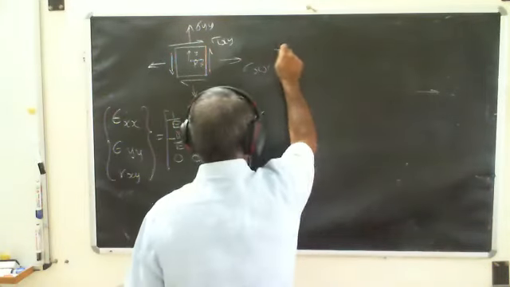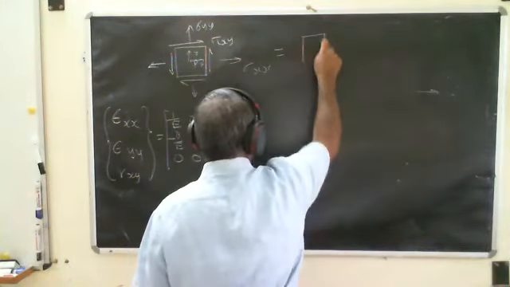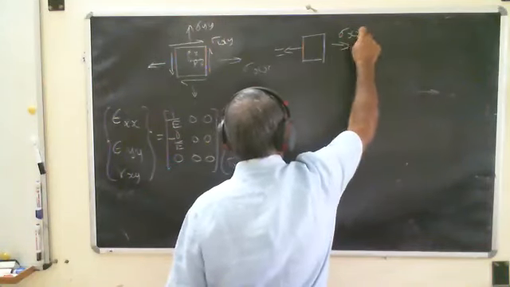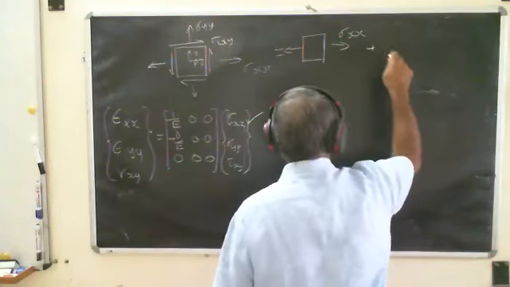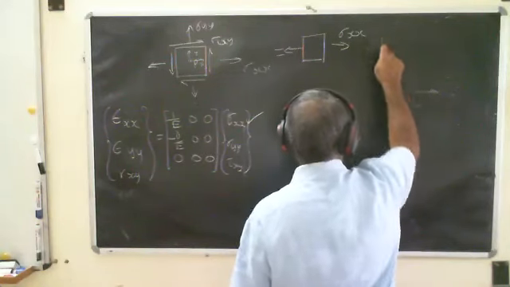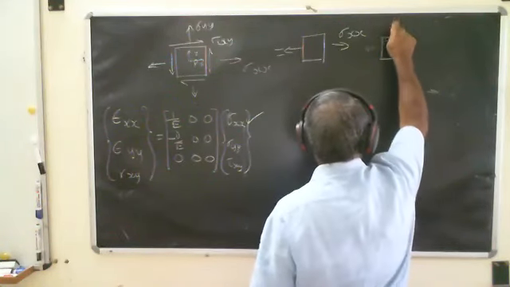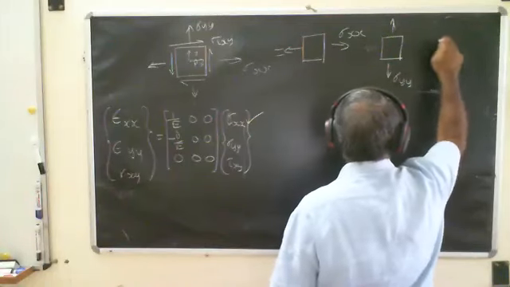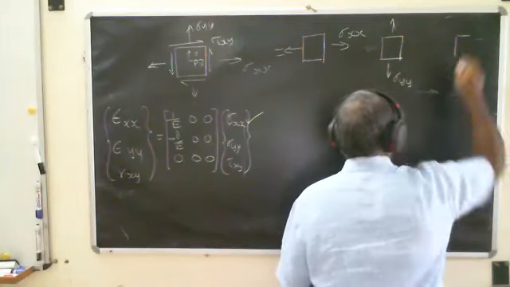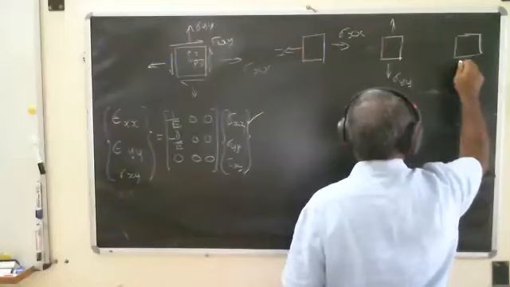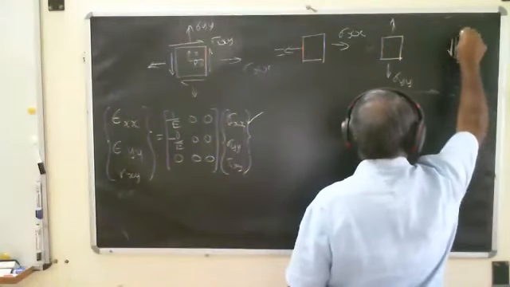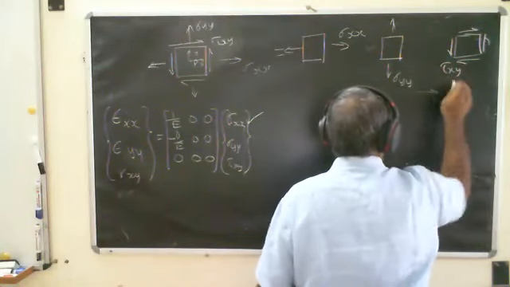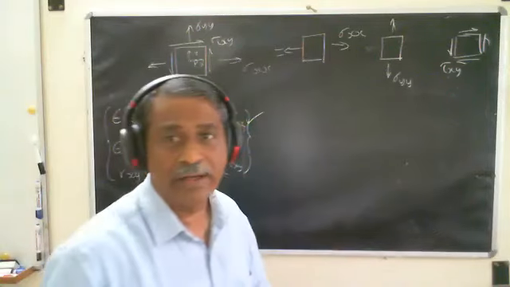So I can think of this as applying along x direction, plus, I'll not write plus here, I'll write it later, along the y direction, and the other one. I've now split into three of them.